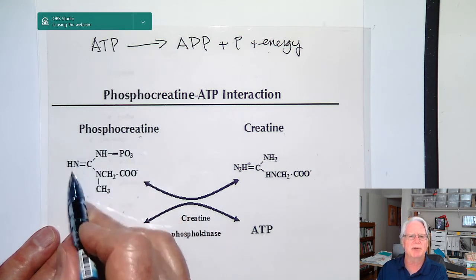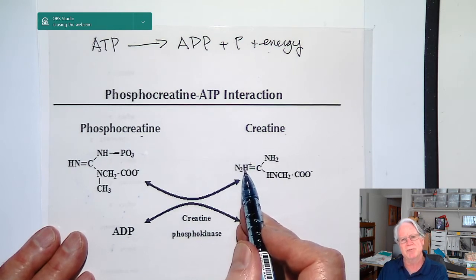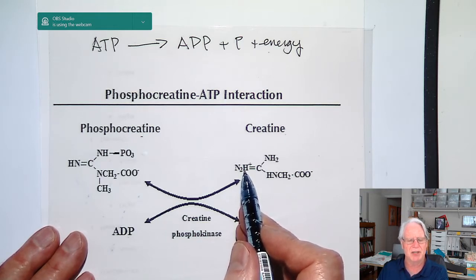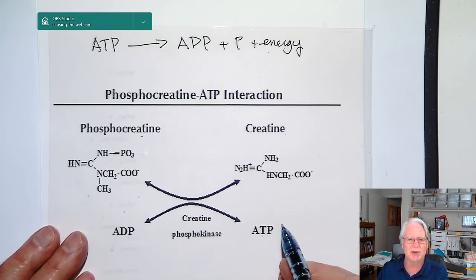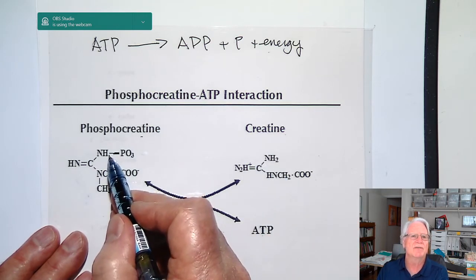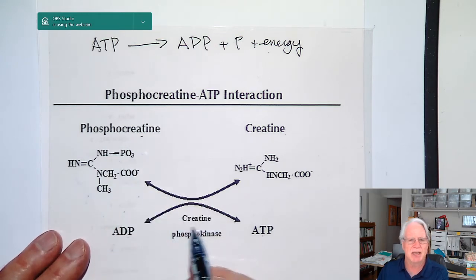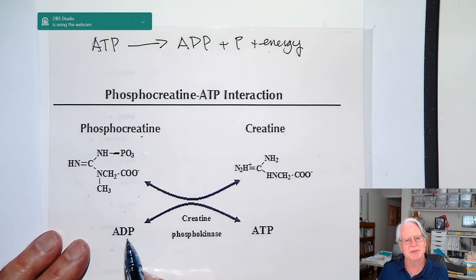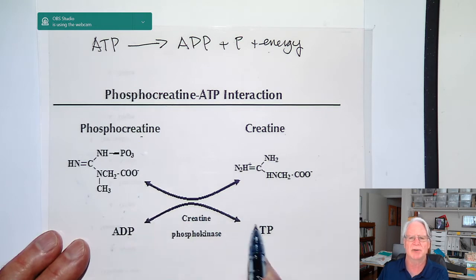So if we build up large amounts of creatine inside a cell, during times of rest, when we're not exercising, when there's not a large demand for ATP in the skeletal muscles, the ATP that's being created can be stored by donating that phosphate group to this molecule, creatine, having it converted into phosphocreatine or creatine phosphate. And when we start using up ATP and generating large amounts of ADP, we can use that stored phosphate group to donate it back to ADP and create another molecule, ATP, which then can be used to do work.